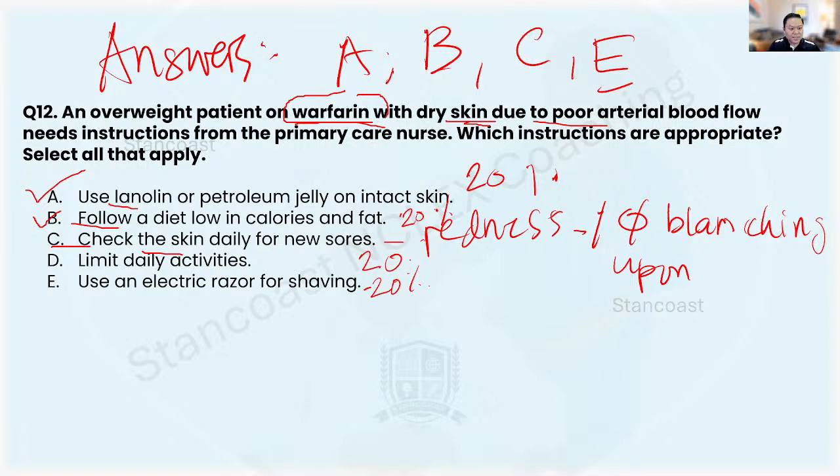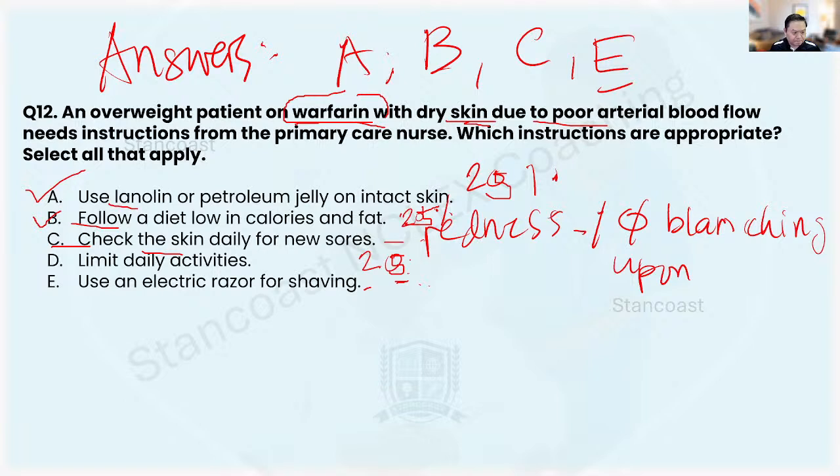Okay, so hang on a sec here. If the question is asking for 4 correct answers, sorry, that's not 20. So that is actually 25. 25, 25, 25. So each correct answer will have 25% each.